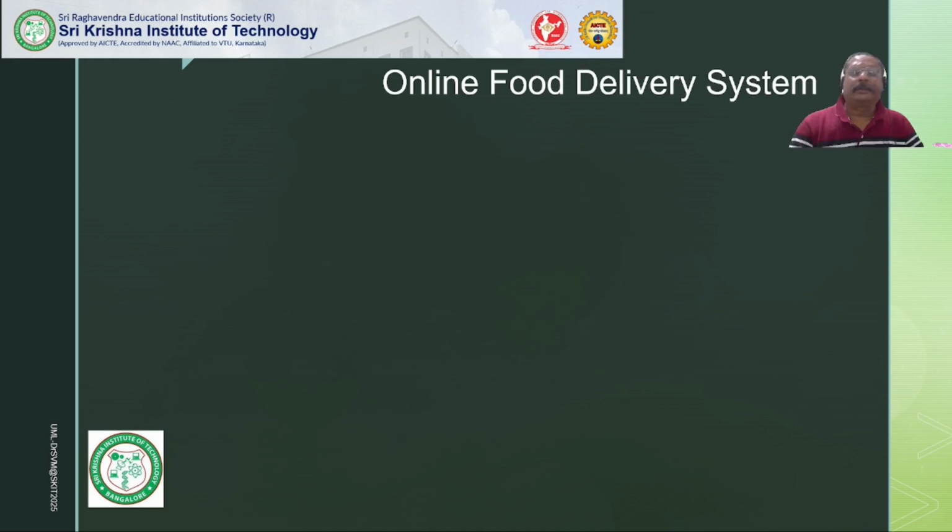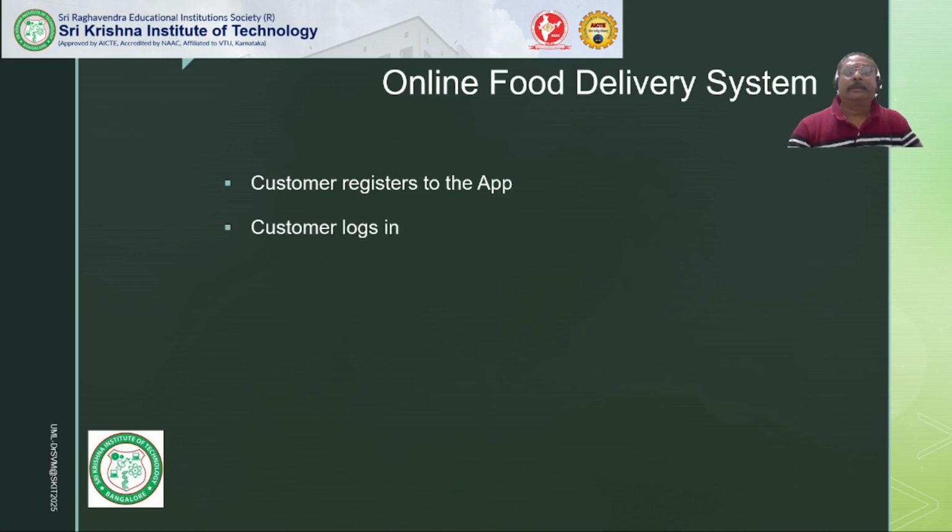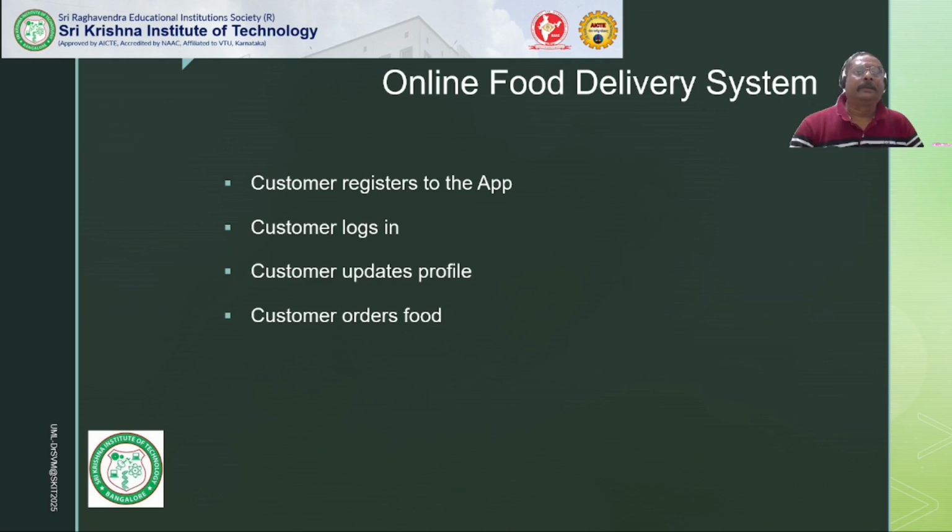For that, let's take an online food delivery system. The requirements are: the customer registers to our app, then the customer has to log in. We need some way for the customer to update the profile, and functionality for the customer to order the food.